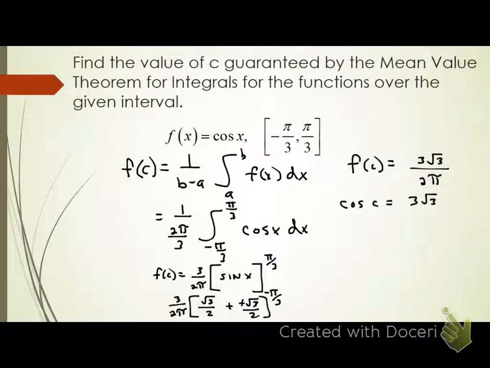Grab your calculators. Make sure it's in radians. How do I get c? I take the inverse cosine of that, the arc cosine of this.